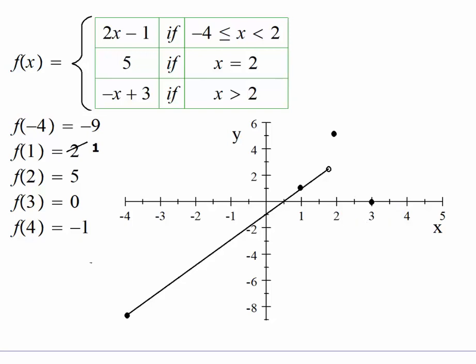And f at 4 is -1, right about here. Okay, then when we draw this, again, we shall see a discontinuity around 2. And this is a straight line, pardon my drawing. So we will indicate an open circle here as well. And this is the complete graph, and we will see that it starts at -4 here.